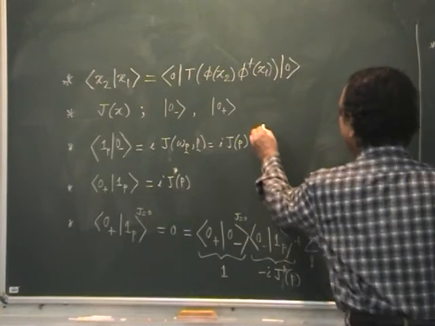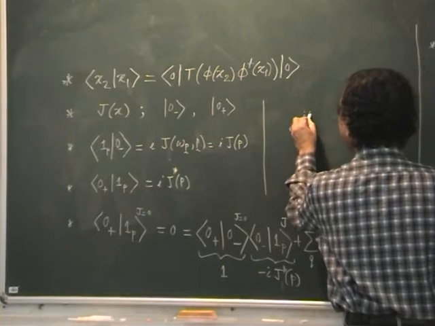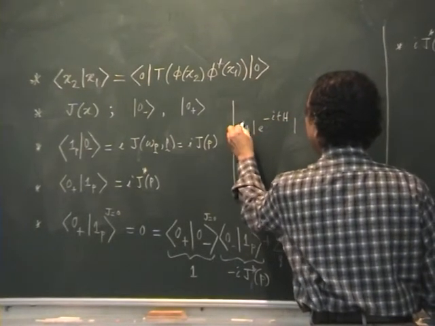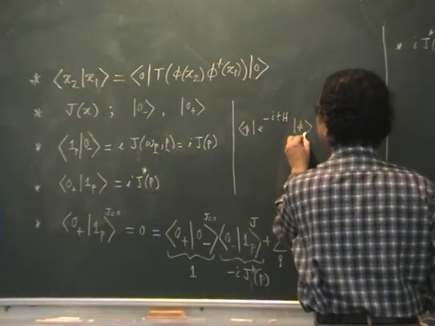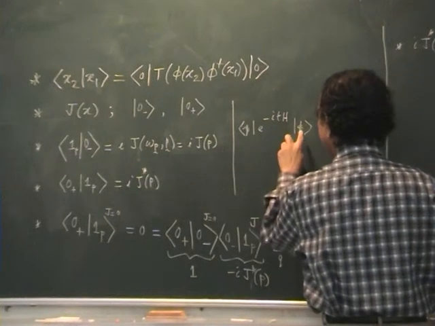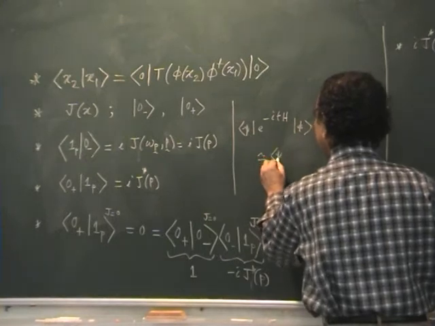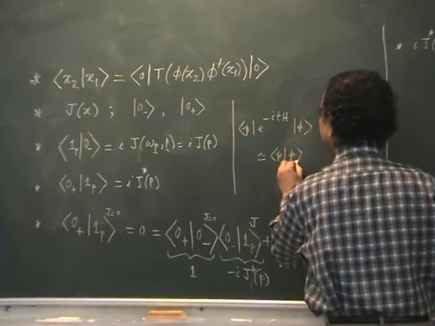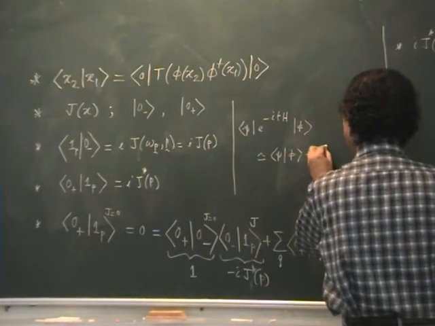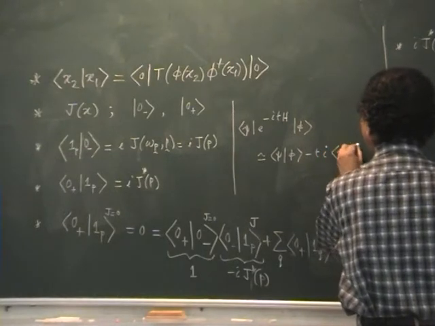So if you look at some evolution operator of the form, say e to the minus iH, and you look at its amplitude between two states, let us say psi and phi, at the lowest order, then what you will get is that in addition to the amplitude in the absence of this, from the one term, you will get a minus i times psi H phi.